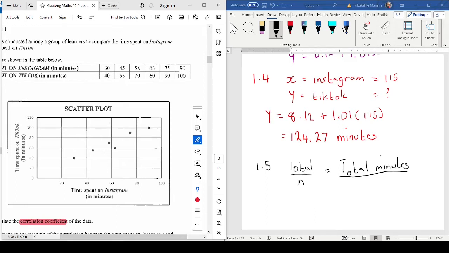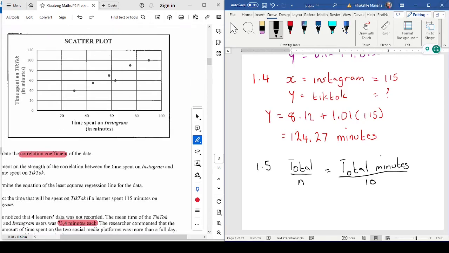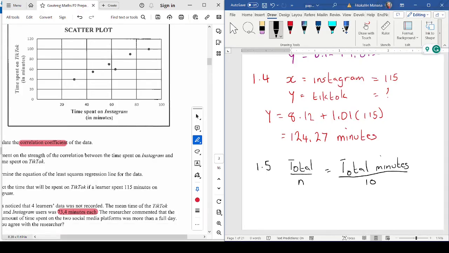It's 1, 2, 3, 4, 5, 6, plus the 4 that are missing. 6 plus 4 is 10, which means our total number of people is 10, because we're including the 4 that were missing. Now if you read the English, it says the mean time was equal to 73.4.